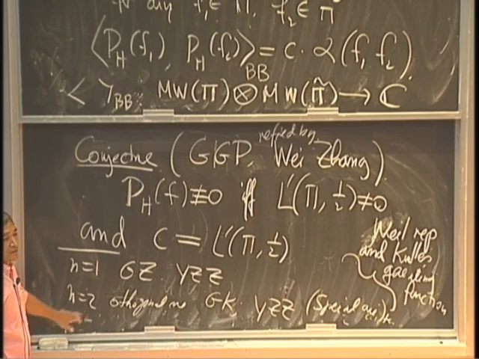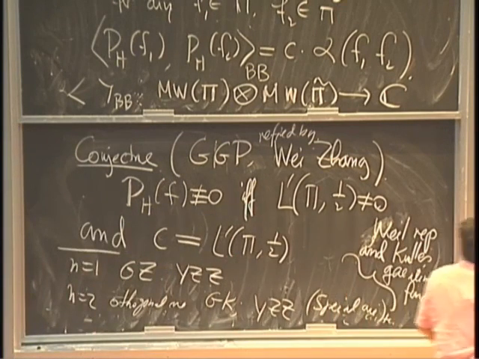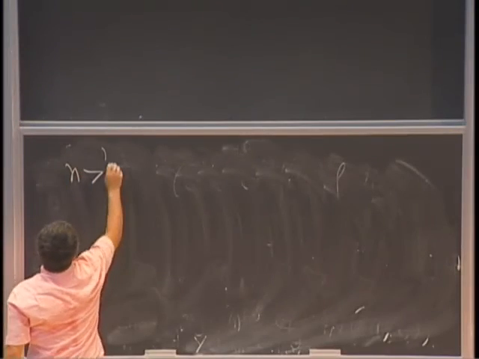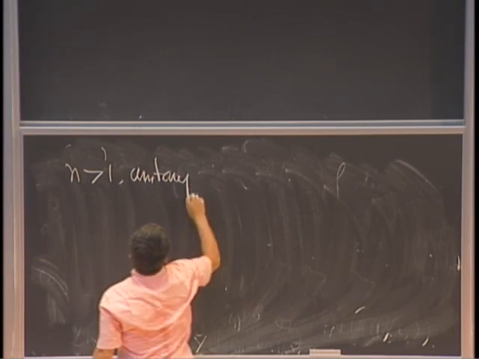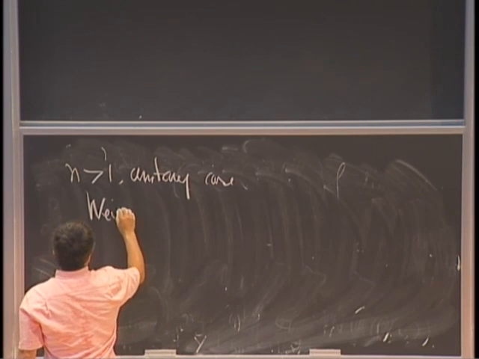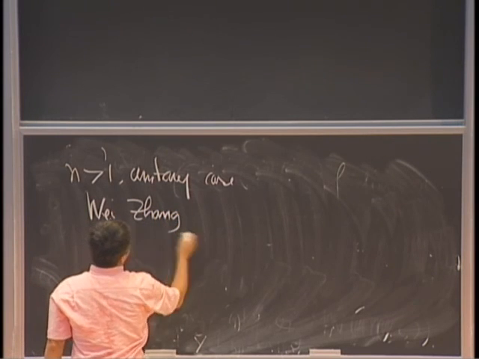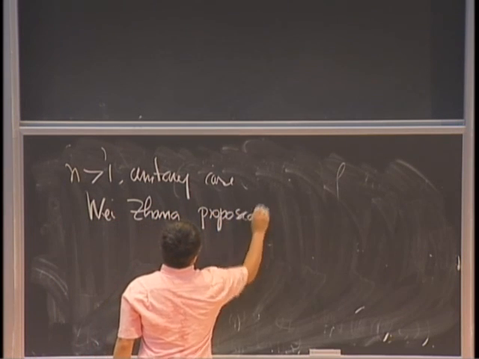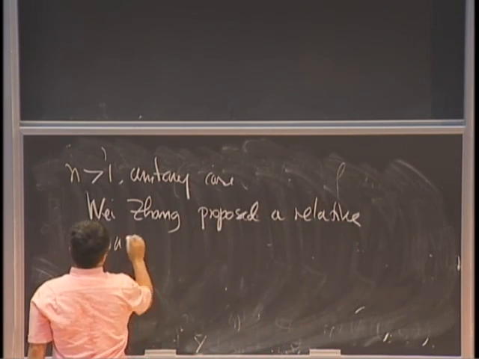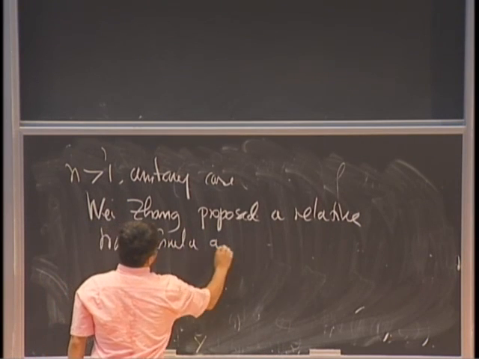But any other cases doesn't work. So in general case, when n equals 2 and bigger than 1, unitary case, Wei Zhang proposed the relative trace formula approach.